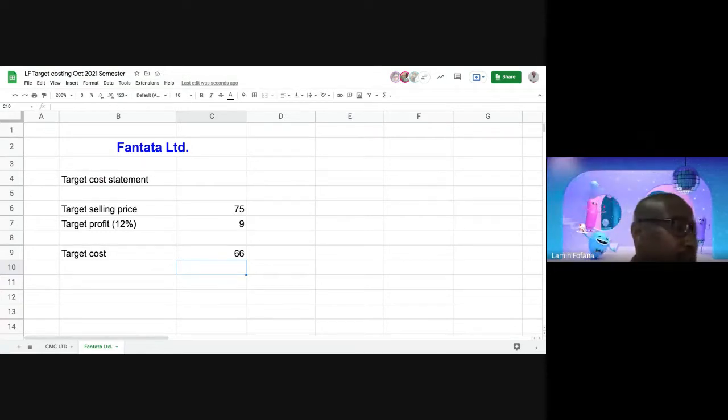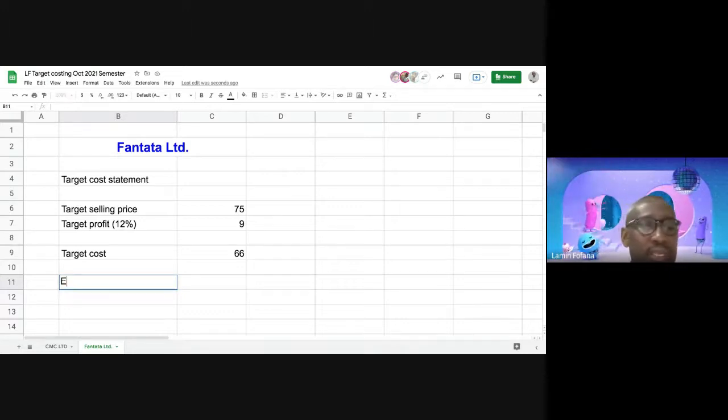But this time around, we are not supposed to calculate only the target cost, but we are supposed to calculate our estimated cost as well using our costing technique. They have given us information for that in the question. So let's calculate our estimated cost, and then we compare it to our target cost and see whether there will be any cost gap. Is that clear, everyone?